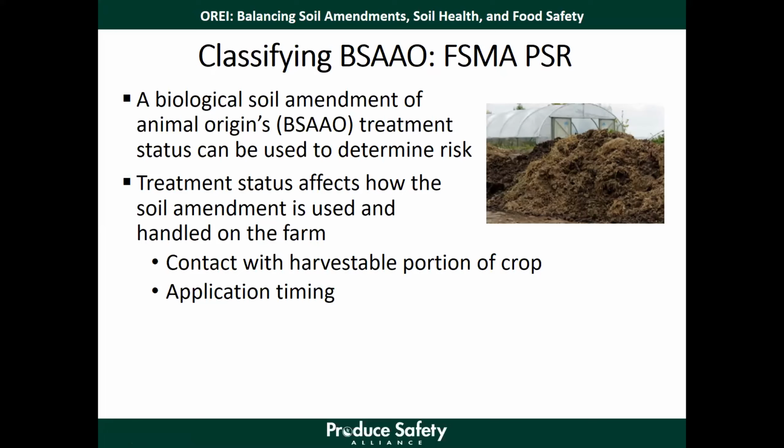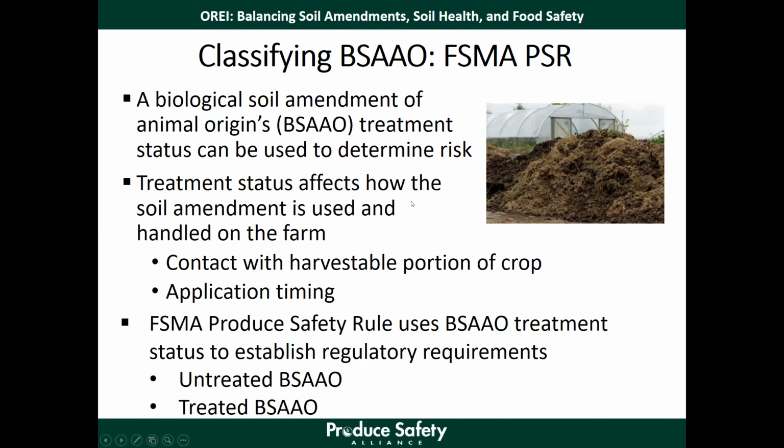A very quick refresher: in the federal regulation, FDA took the approach of separating the regulatory status into two different categories. The produce safety rule establishes the category of an untreated soil amendment versus a treated soil amendment. And we talked a lot more about untreated soil amendments last week.